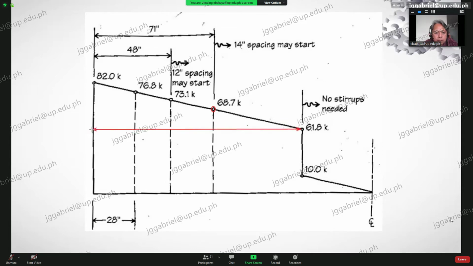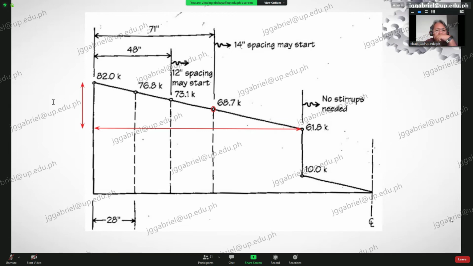How much is this distance? How much is this?